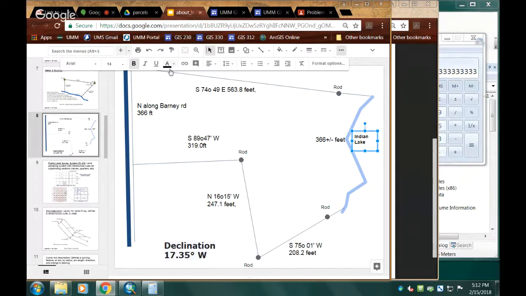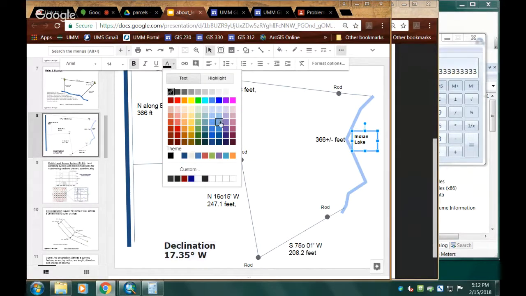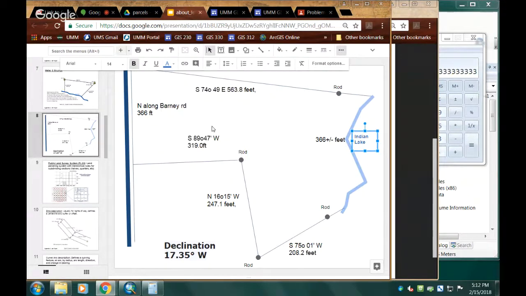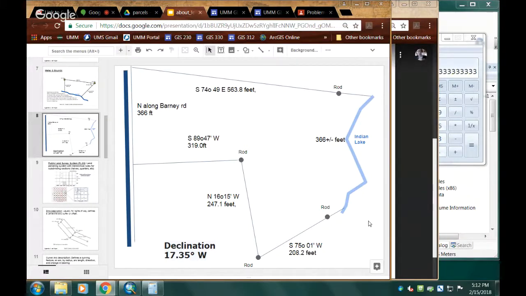All right, any questions about this? All right. So that's how these measurements, metes and bounds, work, and how you translate them into a parcel.